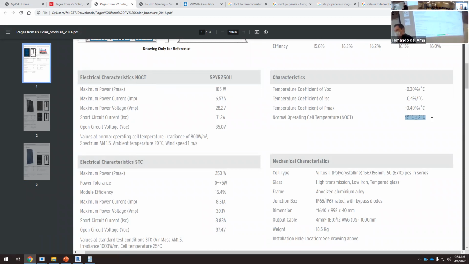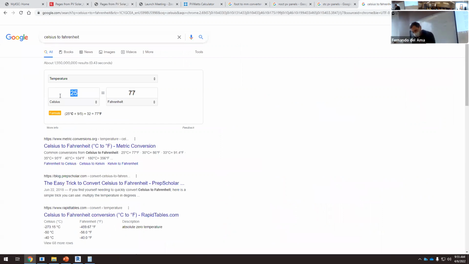In winter, if we don't have enough hours of sun, if we have snow or most days are cloudy, we expect that the system will be working well in summer. So let's test this system under summer conditions. And in summer we can have 45, it's quite hot. It's 113 Fahrenheit.